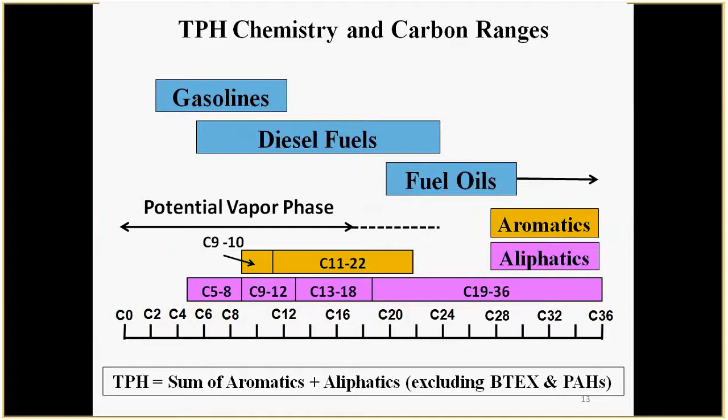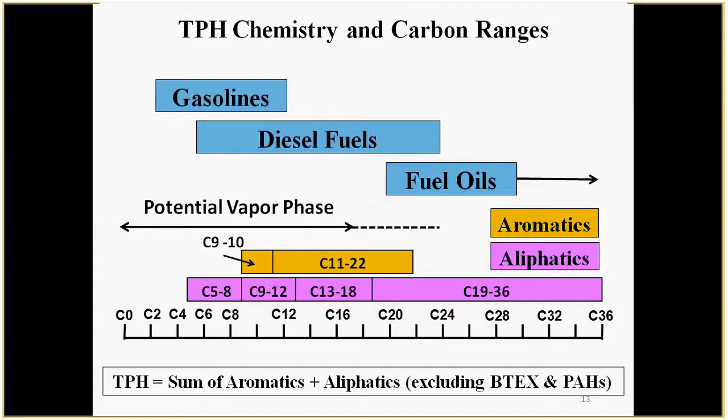So in this case, we break petroleum fuels up into 6 different carbon ranges, 2 for aromatic compounds, or they have benzene rings, C9 to C10 compounds, and then heavier compounds, C11 to C22.